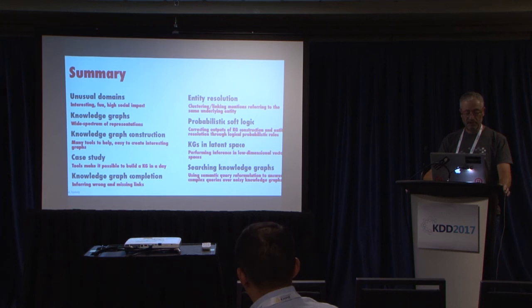Mine covered the knowledge graph completion, where after extraction, we may still have many errors that we can use machine learning techniques to improve the knowledge graph. Some of that is entity resolution. In the unusual domains, the entity resolution problems can be especially hard because you don't have reference sets. So you have to infer the entities from the data while also resolving them.